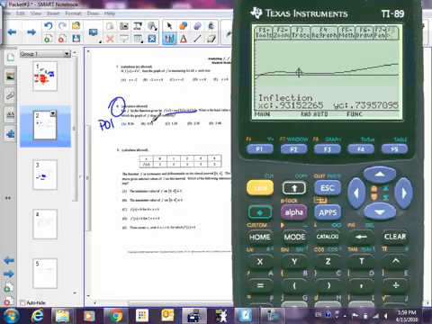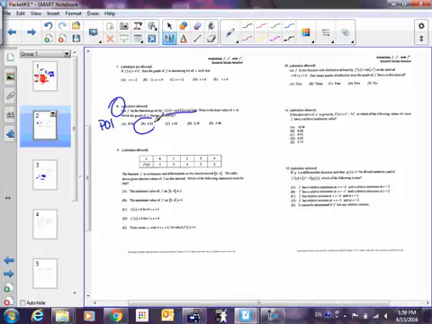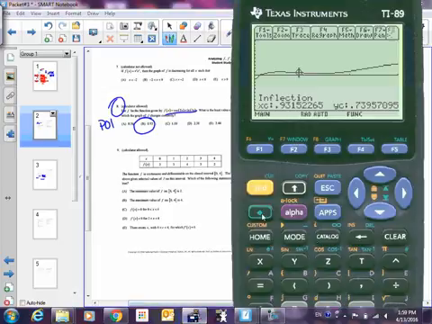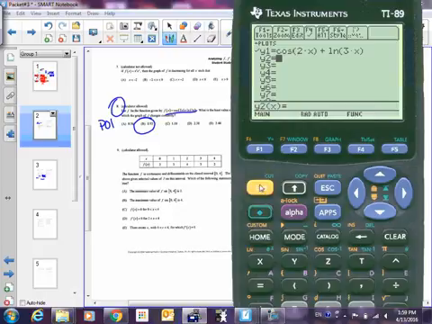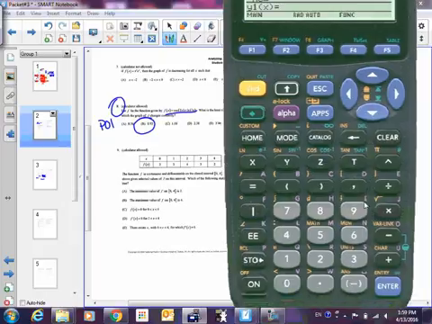All right, now there are times, and I don't want to make this problem more complicated than it is here, but I will tell you what's more likely to happen is that they give you f prime. So what I would like to do in the calculator is to show you what would happen if they gave you f prime and how we would do this, and you're going to see we're going to get the same answer. Now you could get your calculator to do the derivative here. That would probably be a wiser choice. I'm going to go ahead and derive this thing by hand just for review.